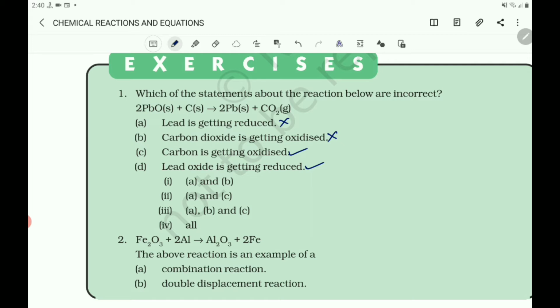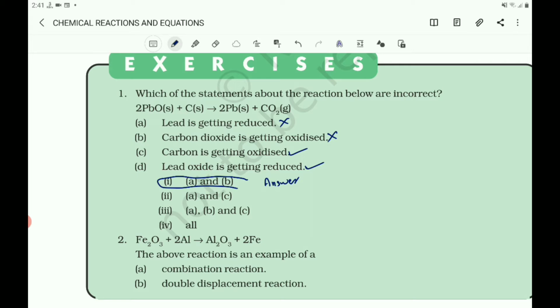Which option is correct here? Answer first, that is A and B are incorrect. Because C and D are correct, therefore A and B are incorrect. Lead is getting reduced is a wrong statement.